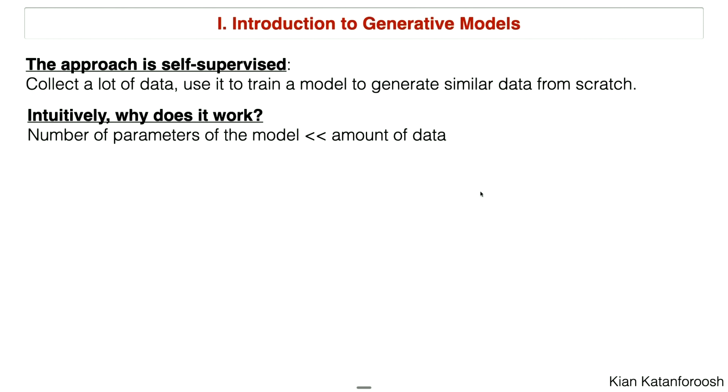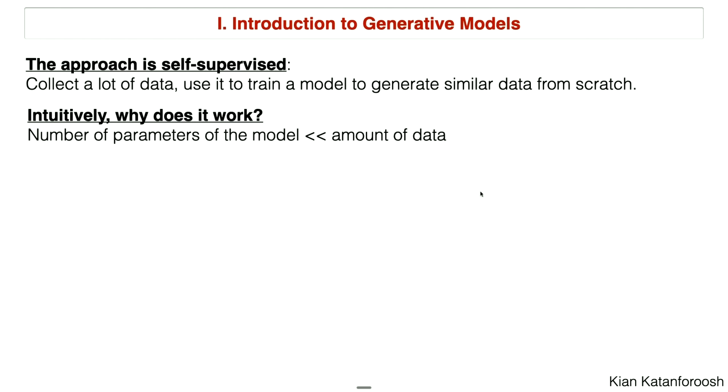So our approach is going to be self-supervised, which means we're going to collect a lot of data and use it to train a model that generates similar data. And intuitively, why does this work? It's because the number of parameters of the model is smaller than the amount of data we're going to train it on. So the model cannot overfit.